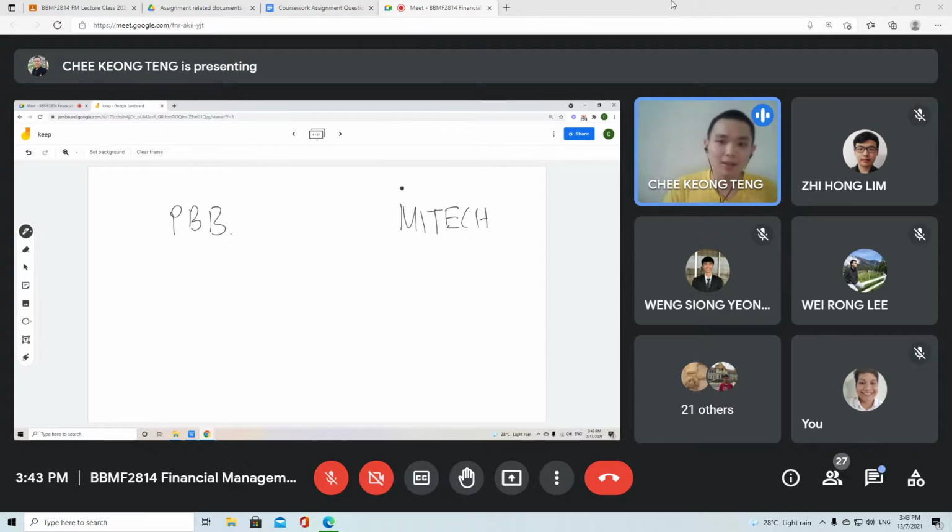So MyTech is very fast growing, with very good prospects in the future, because it's a technology company. Usually technology companies' prospects are going to be better than other industries. Like a bank, Public Bank, very stable earnings. But in terms of the growth rate, usually it will be lower.